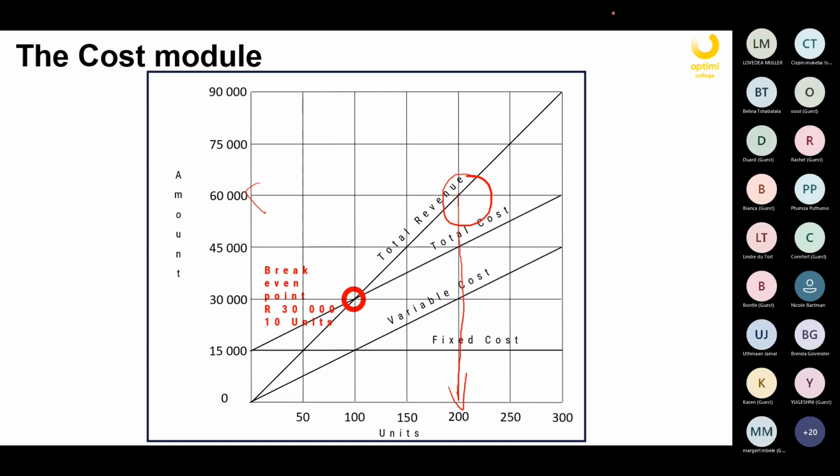Then you take the amount on the y-axis, which is the 60,000, and you divide it by the number on the x-axis, in this case 200, and then 60,000 divided by 200 is 3,000.